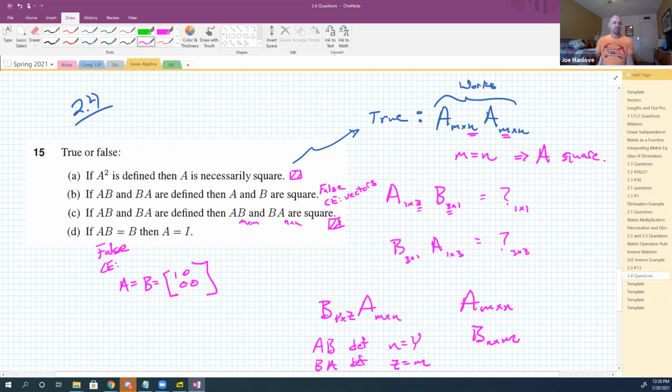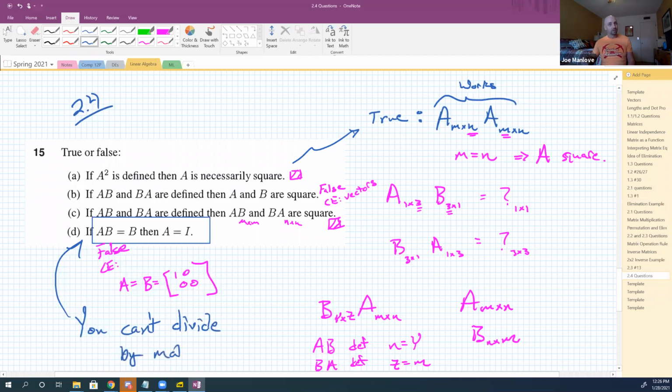Any questions on that? That seems real weird, right? The moral of that, which is important, so I'm going to stress it here. The moral implication of this statement is you can't divide by matrices.